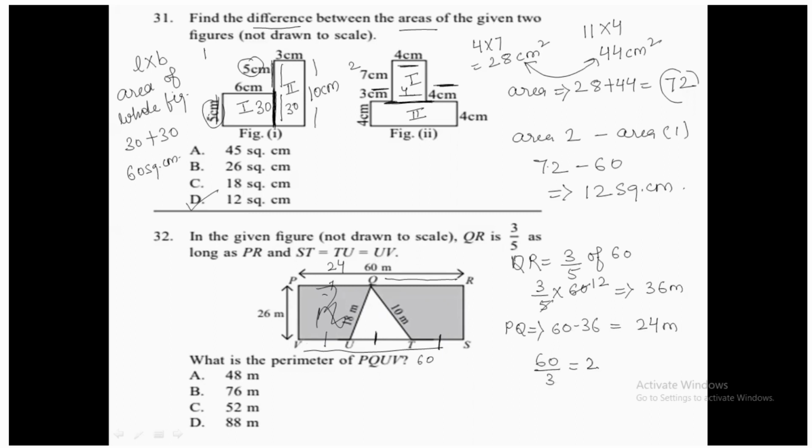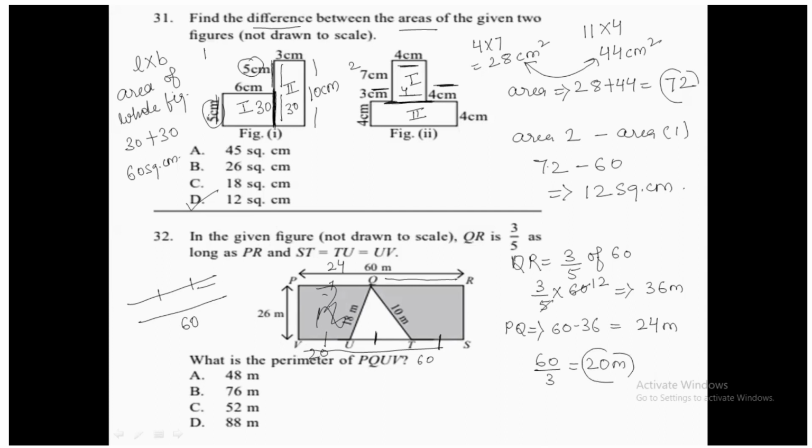So that is 20, because this whole line has been divided into 3 parts. All parts are equal and the whole length is 60 meter only. If I divide the whole line, which is 60 meter, by 3, I get the length of one part. So I get VU as 20 meter.